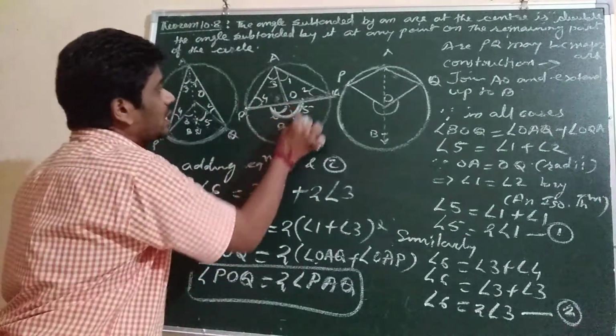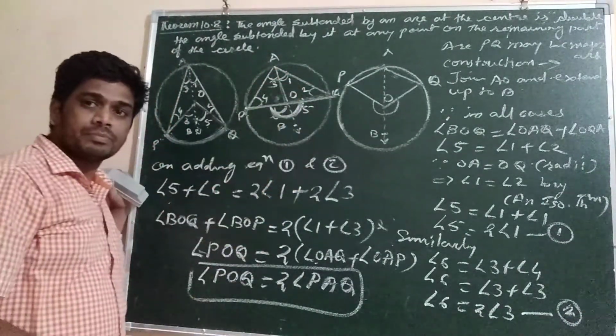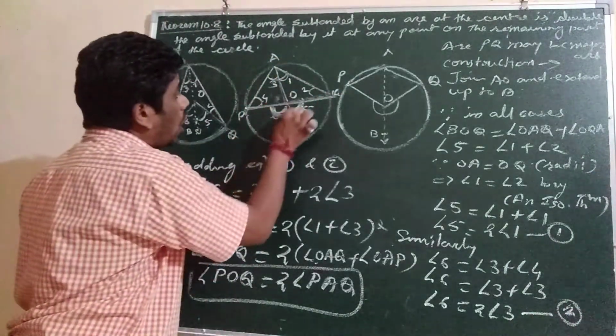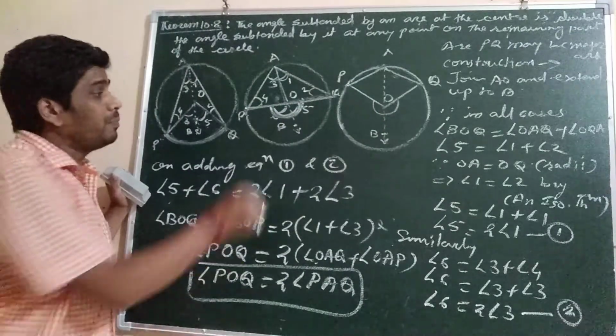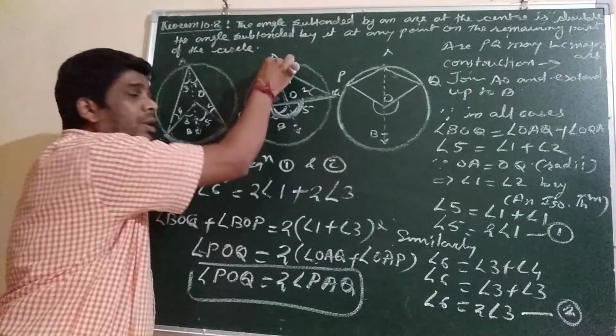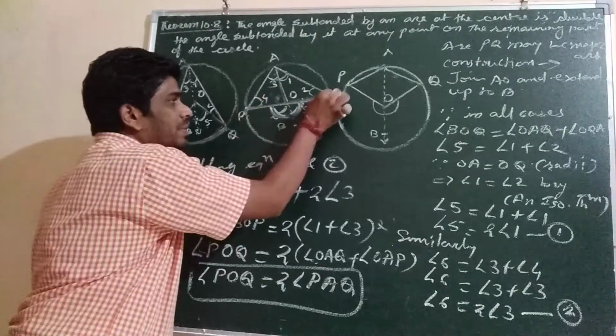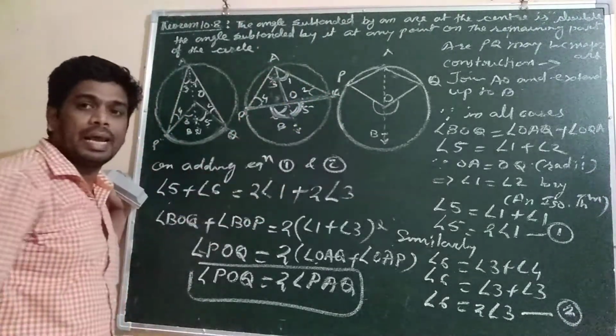If it is 180, then obviously the angle in the semicircle will always be 90. Why? Because the central angle is always 180, and the angle is half of this. This is 180 because it will be a straight line, so this will always be 90.